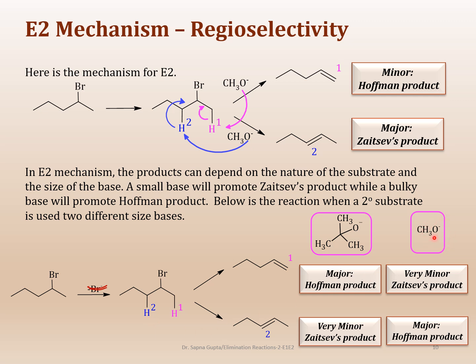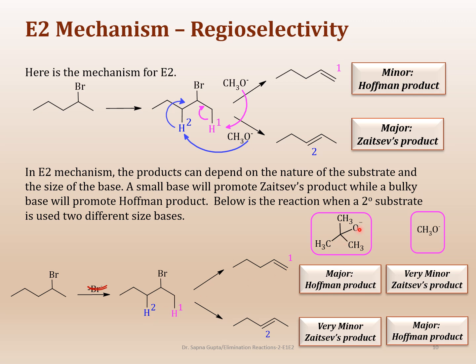However, if you have a smaller base, that can access this smaller one, and it may not want to get this one because it can get it too. On the other hand, we are a little bit more specific when we choose a bulky base, because a bulky base for sure will not be able to access the blue proton, because it's internal.